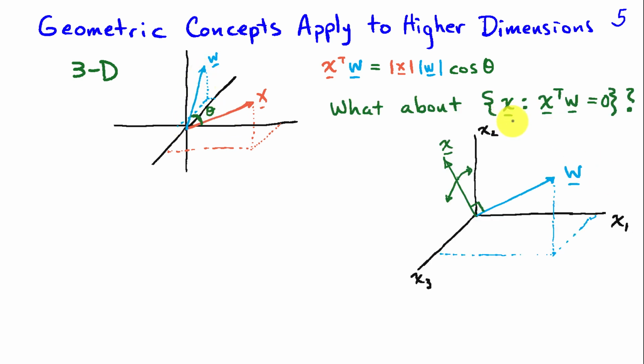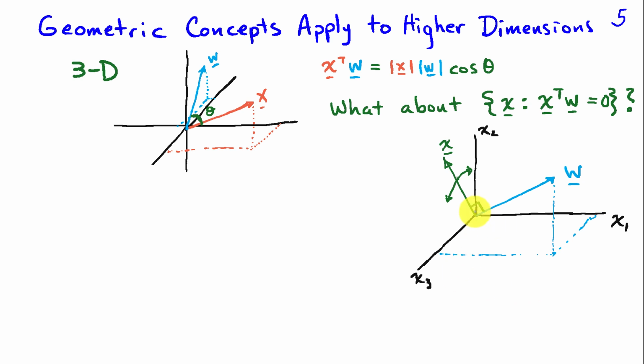Consider the case where we have orthogonality. If I have 3 dimensions and I have x1, x2, and x3, and I want to ask what is the set of all values of x1, x2, and x3 for which x transpose w equals 0. So w is some fixed vector. We did this in 2 dimensions, and we saw the answer was a line which was perpendicular to the vector w.